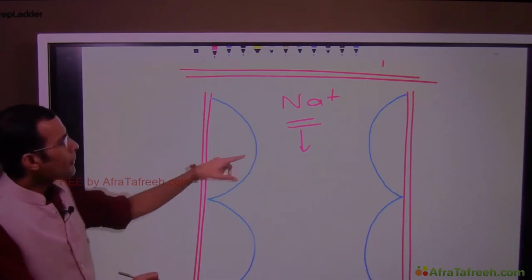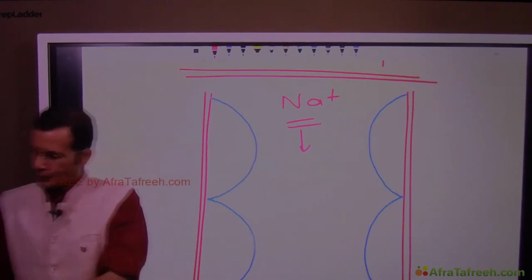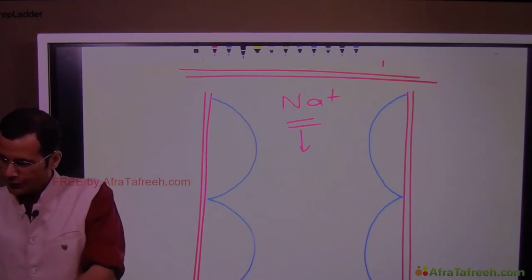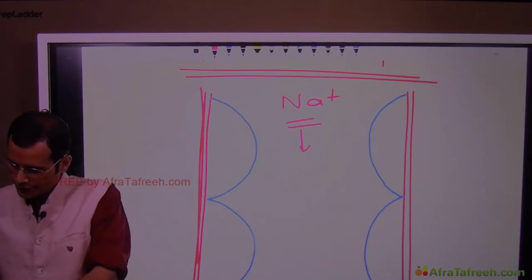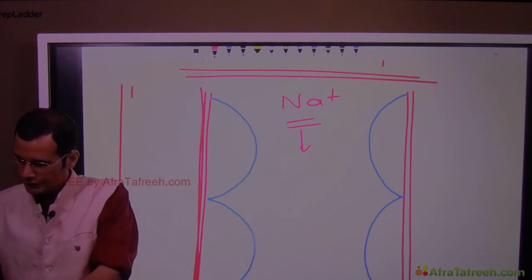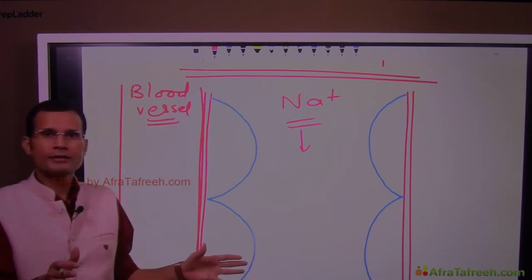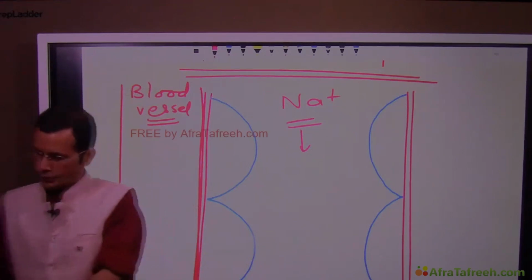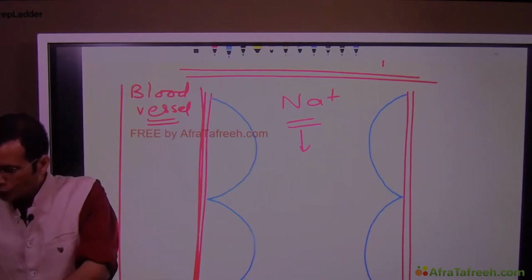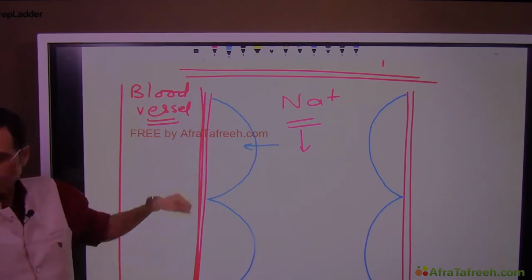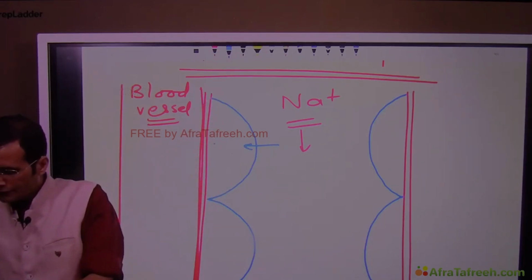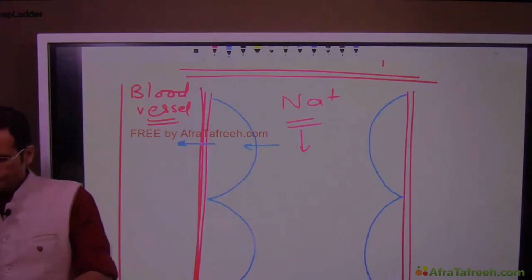So, sodium reabsorption into the blood vessel. This here is the blood vessel. Sodium reabsorption occurs as a two-step process. Look at this. Sodium from the lumen will first enter the cell lining the tubule, and then it will leave the cell and enter the blood vessel.